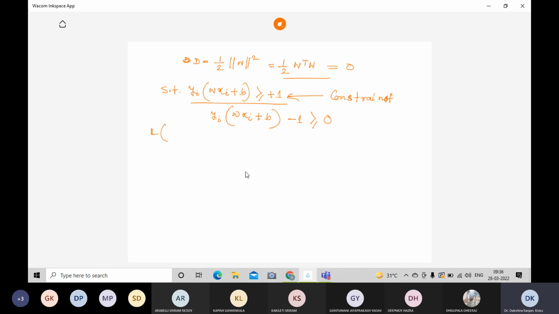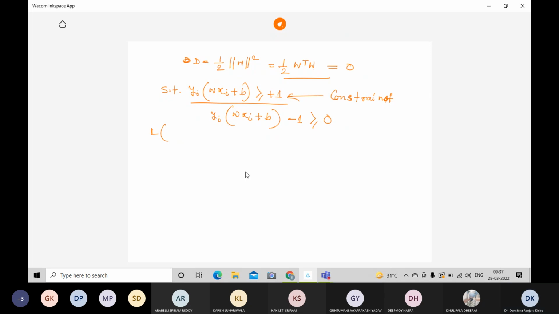Since we are minimizing this w subject to this constraint, we are transforming the constrained optimization problem into an unconstrained one. So when we transform the primal optimization problem into the dual optimization problem, we have to minimize w subject to the constraint yi into (wxi plus b) minus 1 greater than or equal to 0.